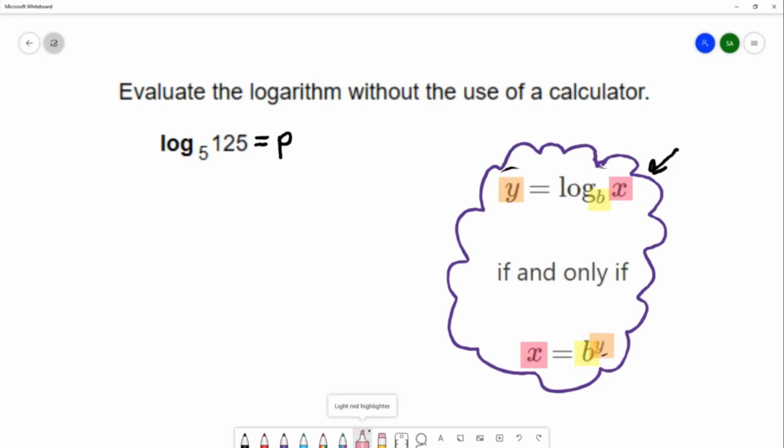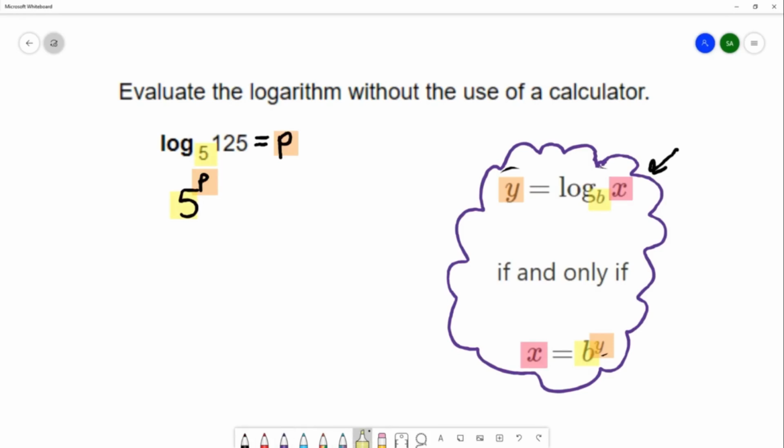We notice that the base of the log is 5, and that will be the base of our exponential. The log is going to equal the exponent. And so for our exponent, we're going to use p. Hopefully it makes sense why I chose the letter p, because sometimes exponents are called powers as well.